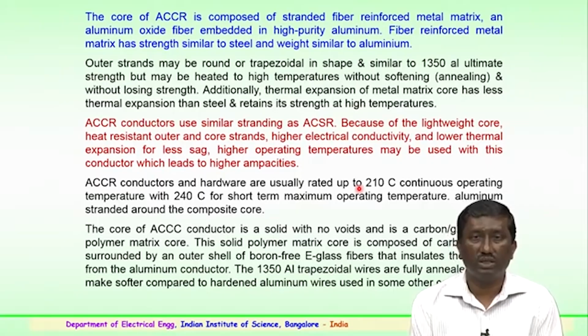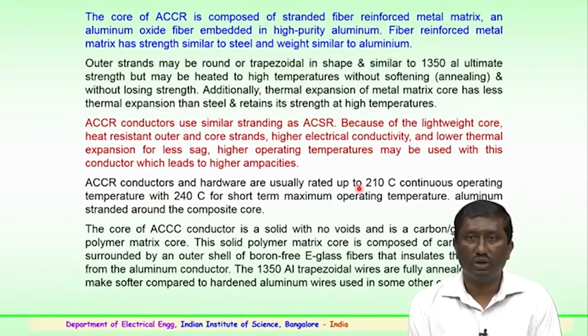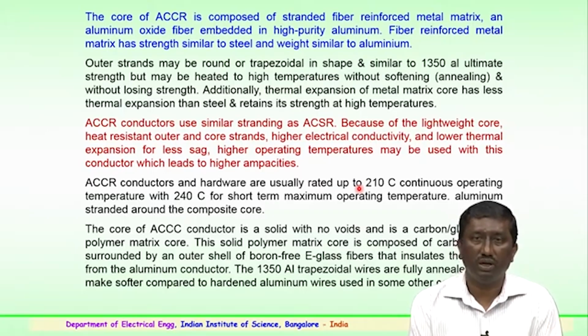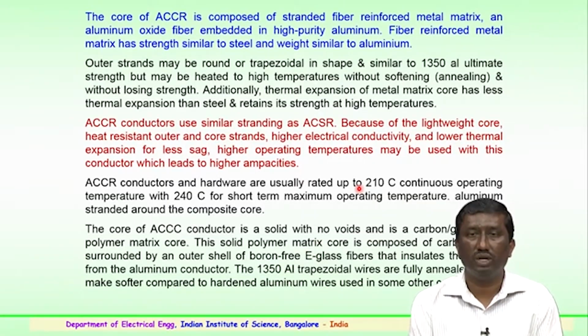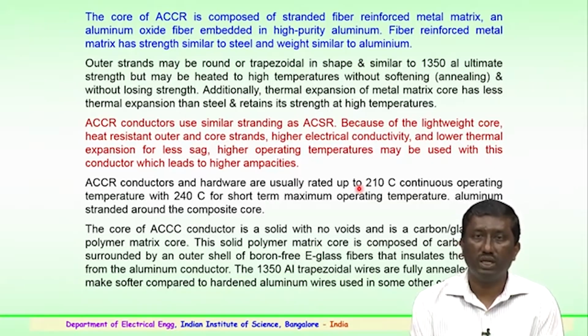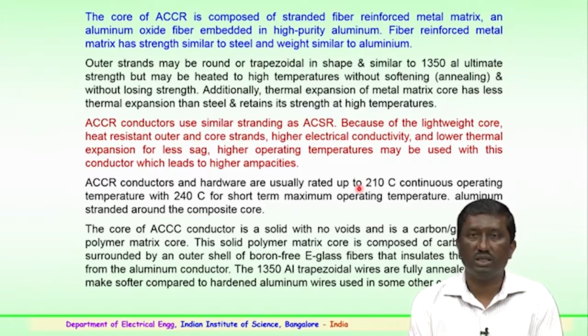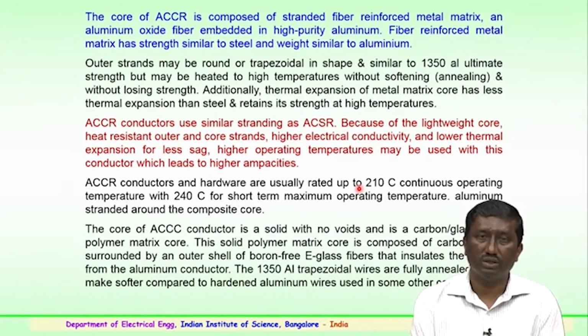The outer strands could be round or trapezoidal in shape and they are similar to 1350 aluminum. Ultimate strength may be heated to high temperatures without softening, that is annealing, and without losing strength. Additionally, the metal matrix core has less thermal expansion than steel, retains its strength at very high temperatures and operates at very high temperatures.